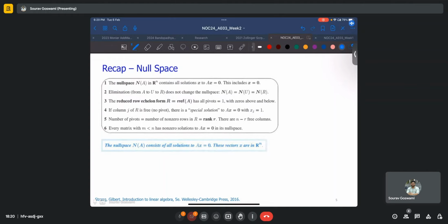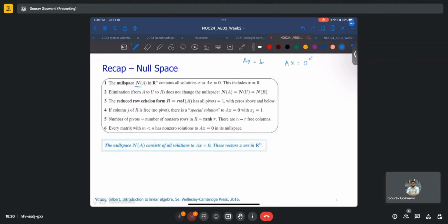Now moving on to the null space. The null space, often denoted by N, for any matrix A in Rn contains all solutions x to Ax equals 0. So for the homogeneous system, the RHS is 0. For a non-homogeneous system, of course, we know that it equals b.